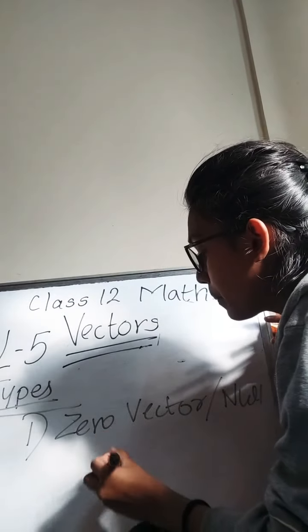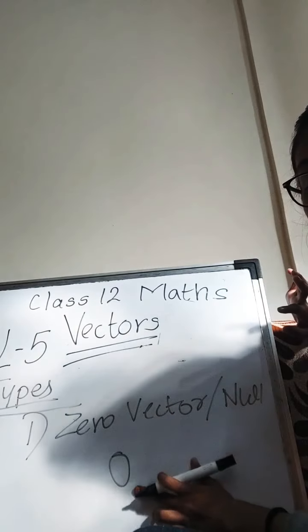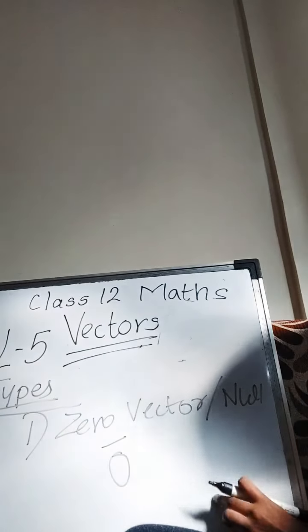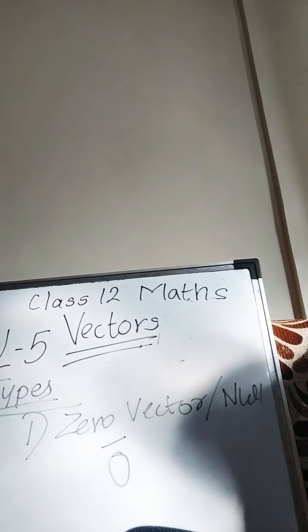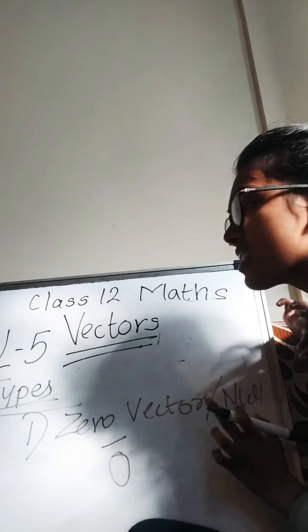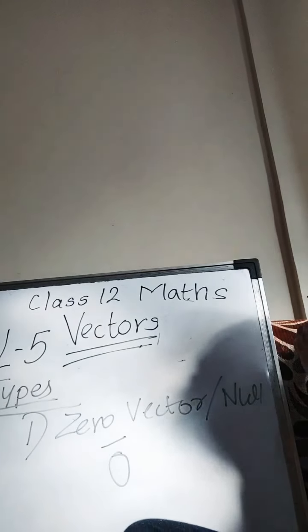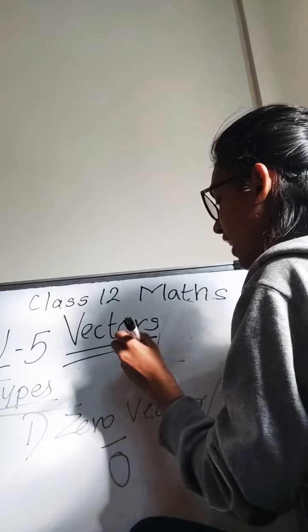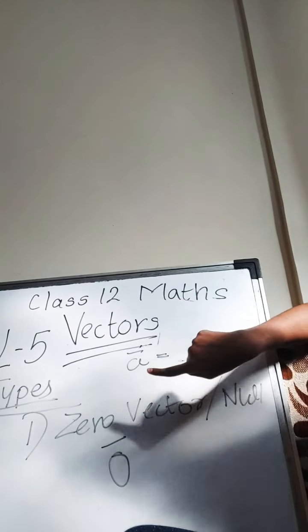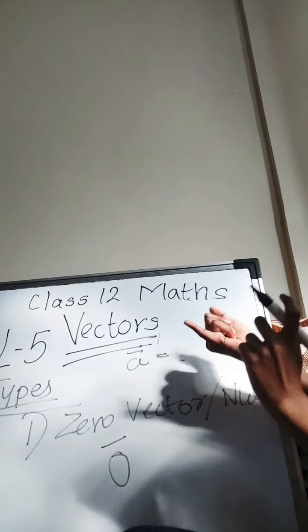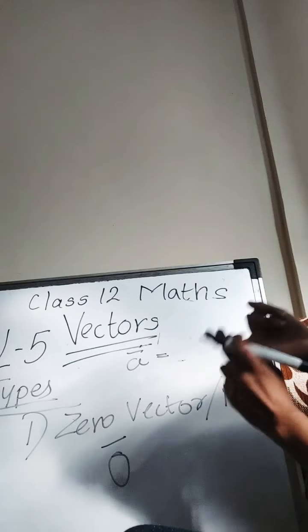Now how do we represent it? Just write a 0 and put a bar on it. It is your zero vector. And secondly, what is a zero vector? Now as I told you, any vector is nothing but its magnitude and its direction.